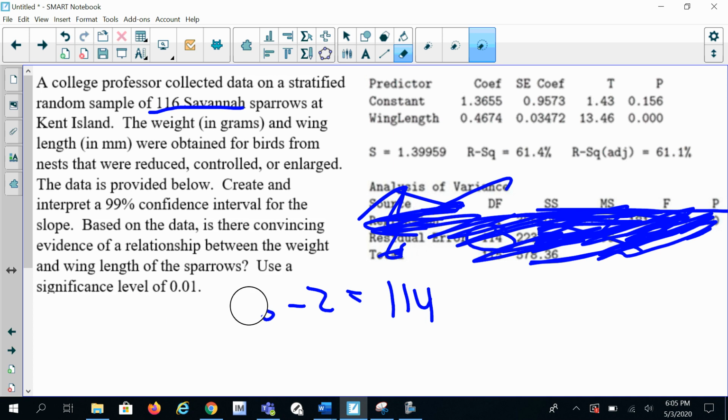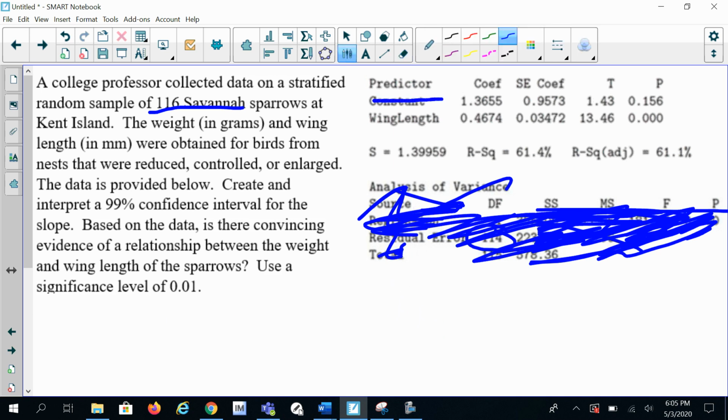So 114. Our slope in this problem, remember, we don't care about the y-intercept row right now. We only care about this one. There's our slope, 0.4674. So 0.4674 plus or minus, I need to find my critical value. So remember, DF is 114, and they want us to do a 99% confidence interval.